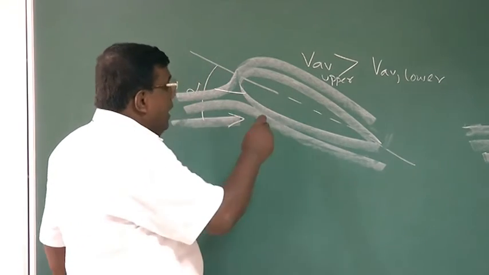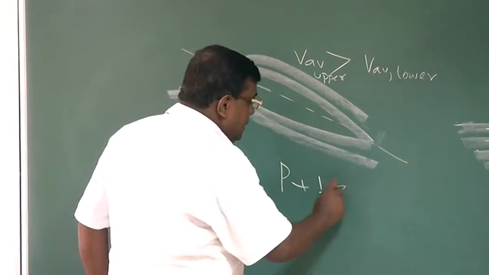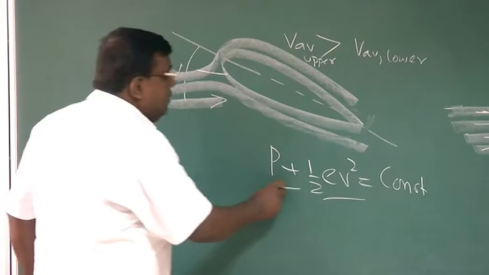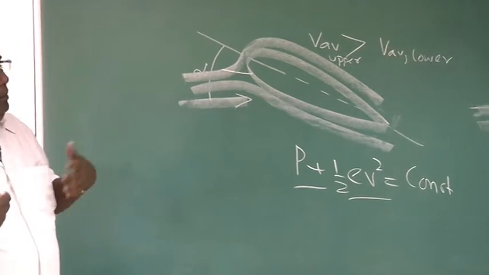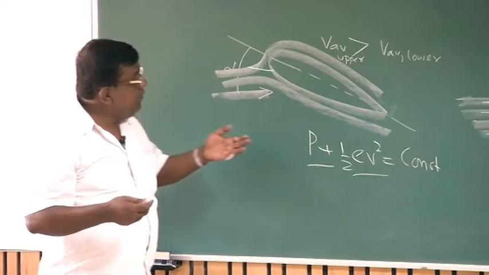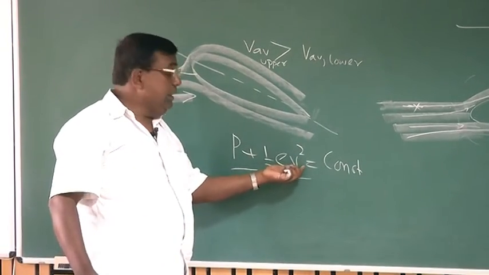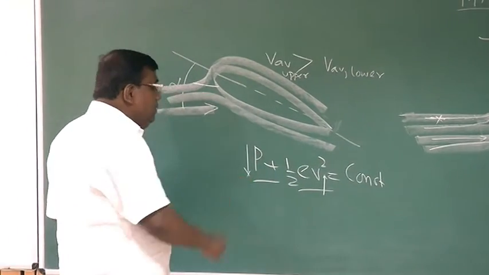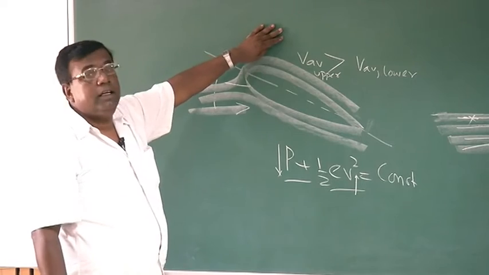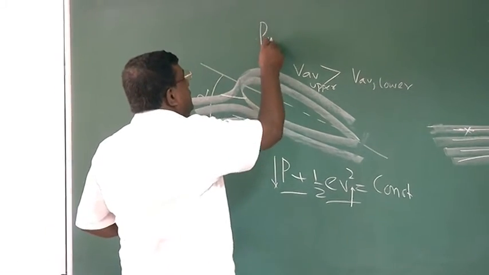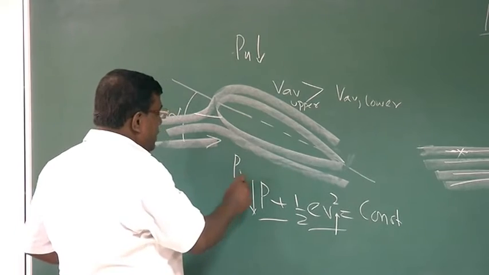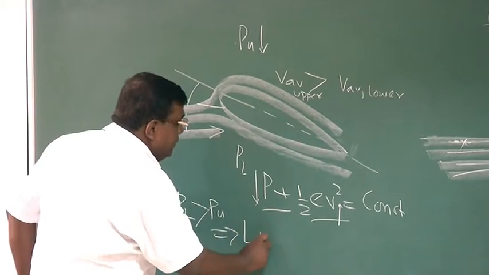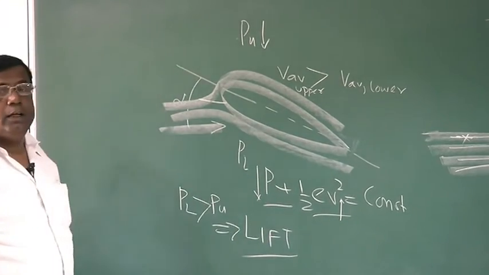And if the upper part speed is higher, and we know that P plus half rho V square is constant, that is Bernoulli's theorem, so if this one is higher, that one has to go down. If this increases, this has to go down. That is why the pressure here reduces. Pressure upper now goes down compared to pressure lower, or I say pressure lower is greater than pressure upper, so there is a lift. Is this clear? Okay.